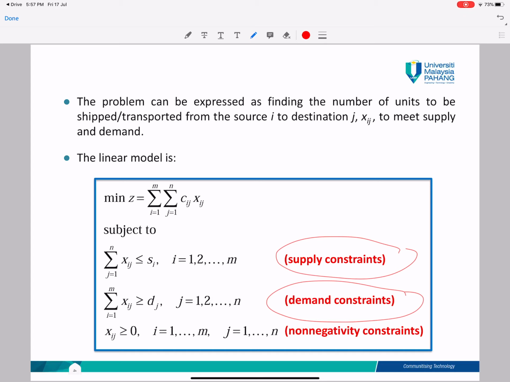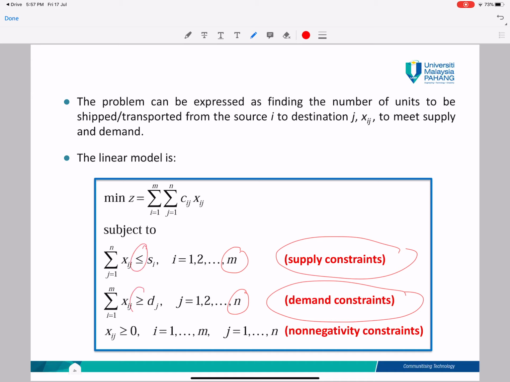So specialnya dekat sini compared to the simplex method, kita ada supply constraint and demand constraint. Supply constraint we have M constraints, and demand constraints we have N constraints. And when we want to solve this model, kita perlu convert dia kepada satu model where we have equality constraint.